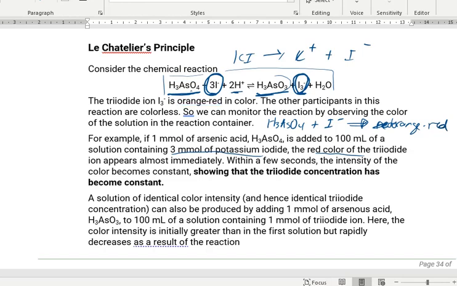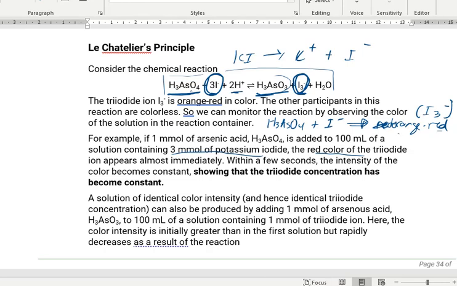Okay? Now, within a few seconds, the intensity of the orange-red has become constant, which means the triiodide has also become constant. Because this orange-red is caused by the triiodide, right? So, the intensity of the orange-red has become constant, that means the triiodide ion concentration in your solution has become constant. Now, we have another solution with identical color intensity.